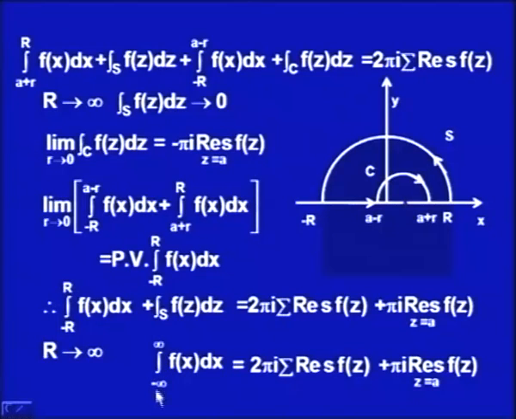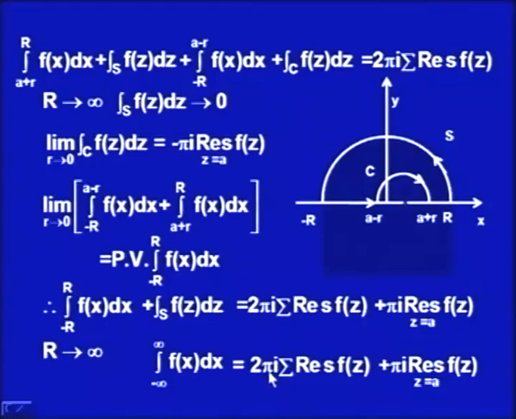Now, here is what we have. If my limits are infinite and the function also becomes infinite somewhere on the real line, then the Cauchy principal value of this improper integral can be found using residues.